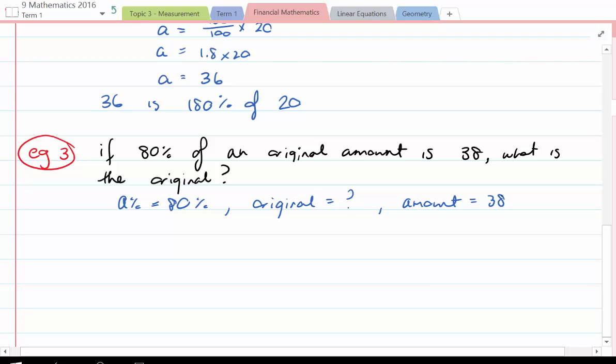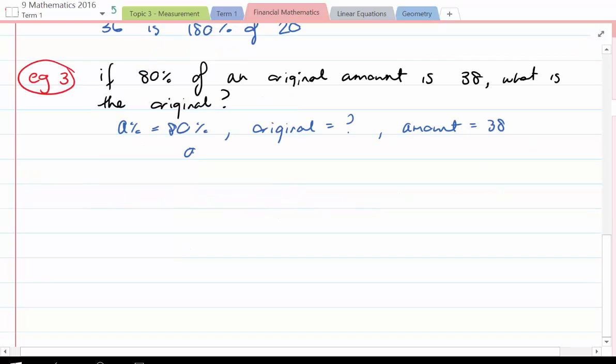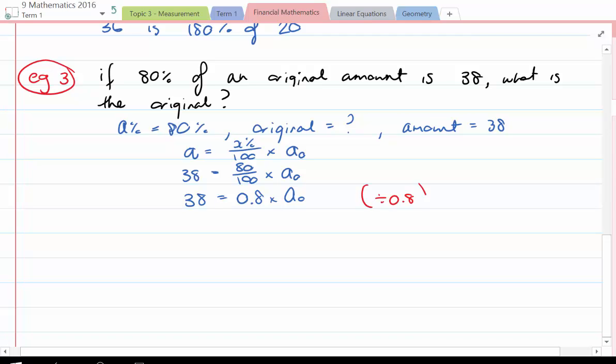So if we put this all in, remember we've got the amount is equal to X% on 100 multiplied by the original. So we know that we've got 38 is equal to 80 on 100 multiplied by the original, and we don't know what that is at the moment. So 38 is equal to 0.8 multiplied by AO. Now if we want to isolate AO, then we're going to have to divide by 0.8 on both sides.